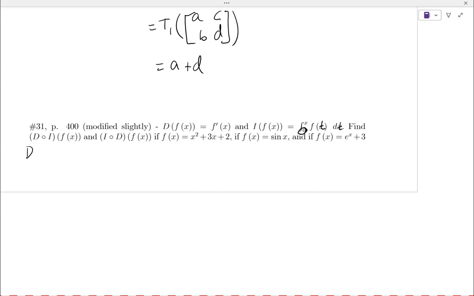If I want to integrate and then differentiate, well, integrating gives us 1/3 x cubed plus 3/2 x squared plus 2x, and then I don't have a constant on the end, right? Agreed? Okay. And then it says differentiate it.